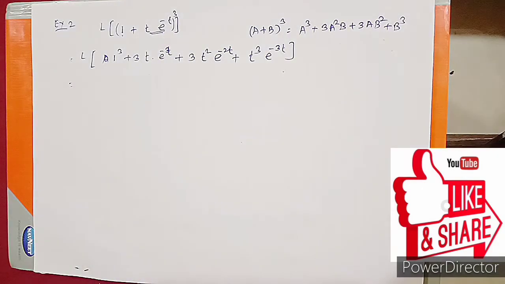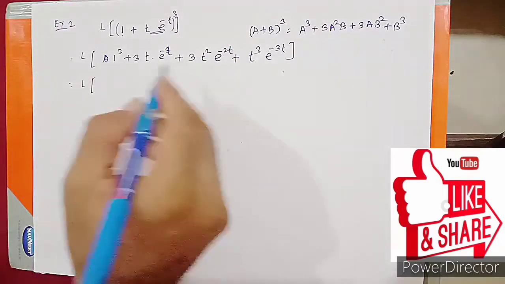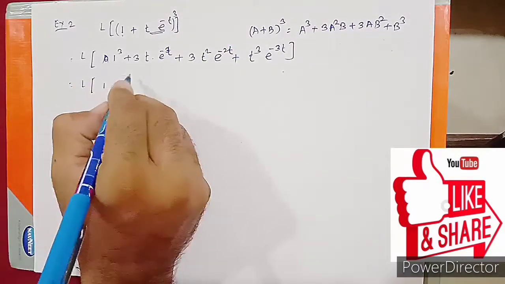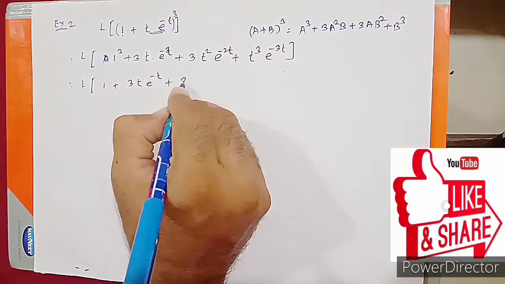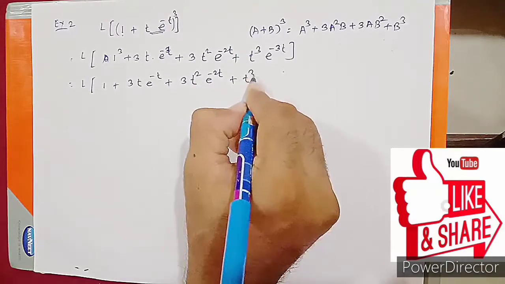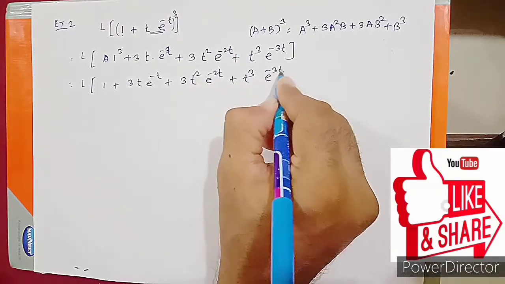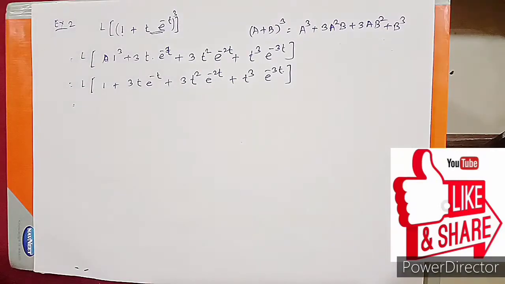Now what is the next step? We take the Laplace, after simplifying this step. 1 cube is 1, plus 3t e raised to minus t, plus 3t square e raised to minus 2t, plus t cube e raised to minus 3t, right? So all terms of this step are in addition form.